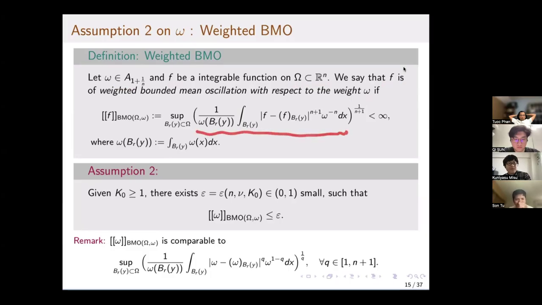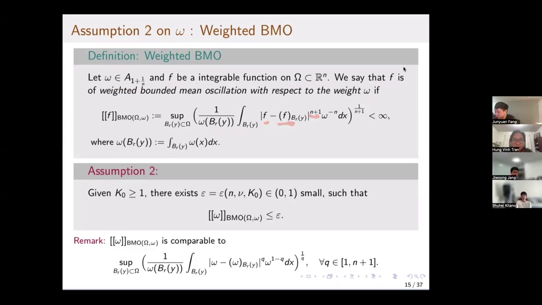Consider this first: the integral of f minus the average of f on this ball, to the n plus 1, times omega to the negative n. So this is some weight, right?